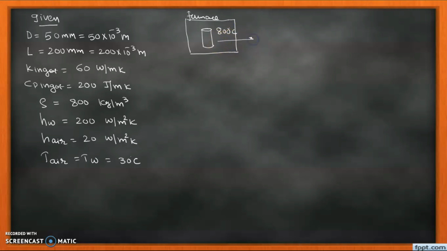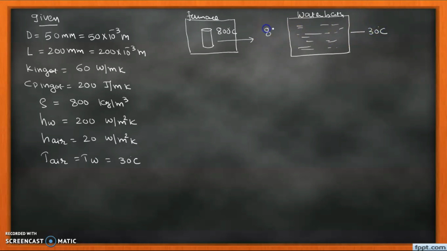Then it is taken out for quenching. First we use water as the quenching medium. Suppose I am drawing the water bath. The temperature of this water initially is 30 degrees centigrade.